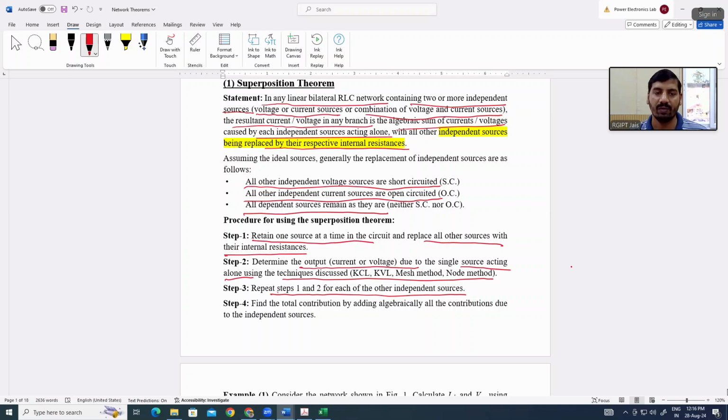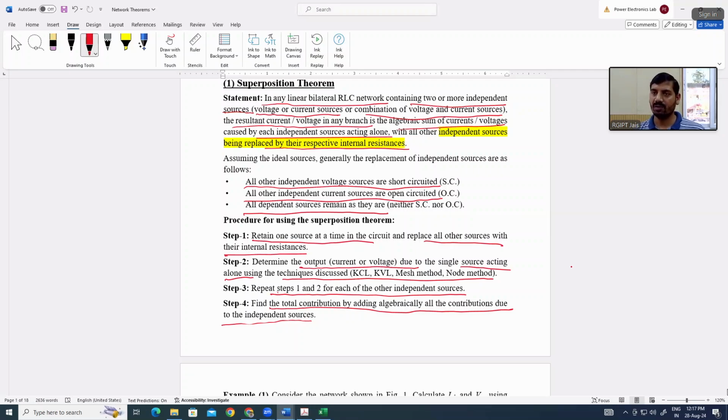And in step 4, we have to find the total contribution by adding algebraically all the contributions due to the independent sources. Means ultimately, suppose we have to find the current through any branch, so we will find out the current through that branch by considering each source at a time.